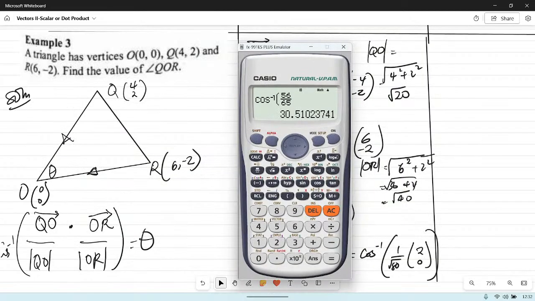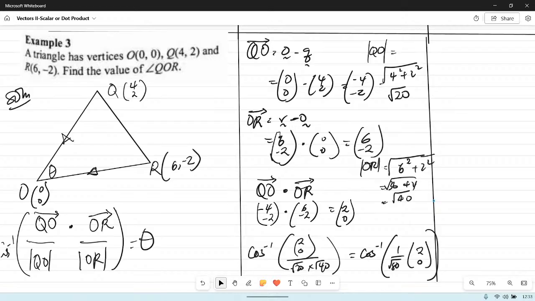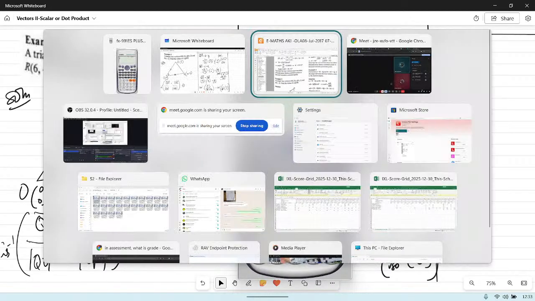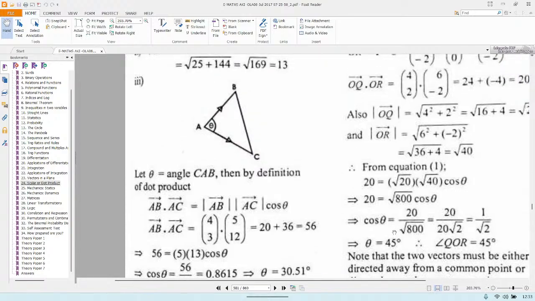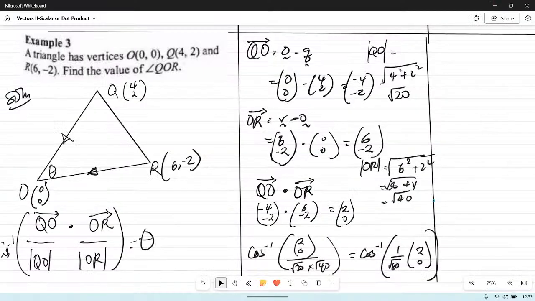Oh no, I'm making a mistake here. Let me make sure I'm on the right part.